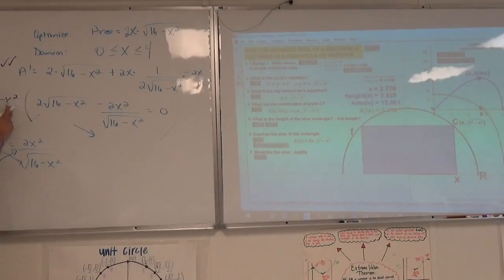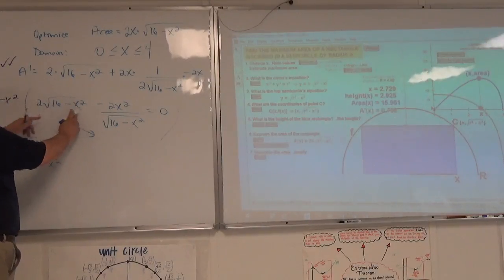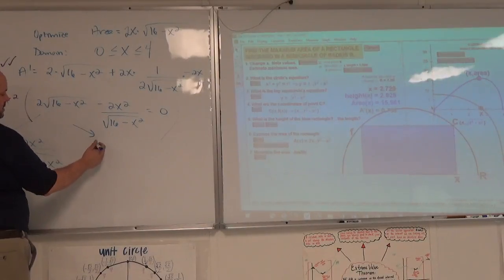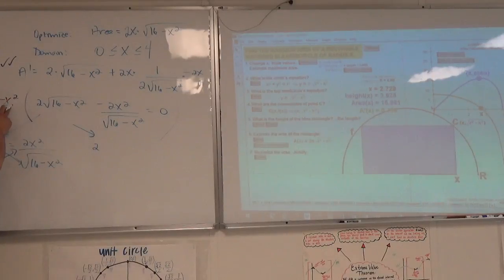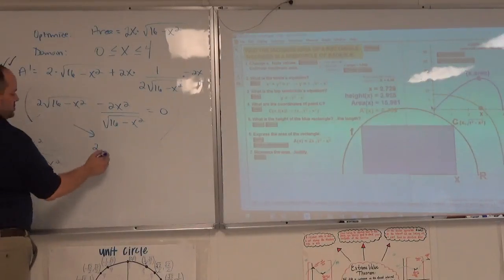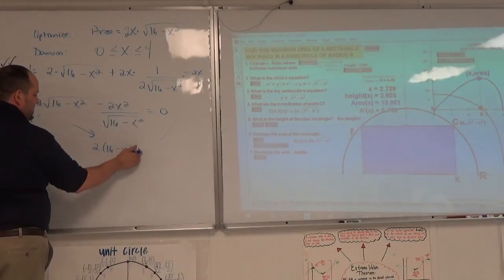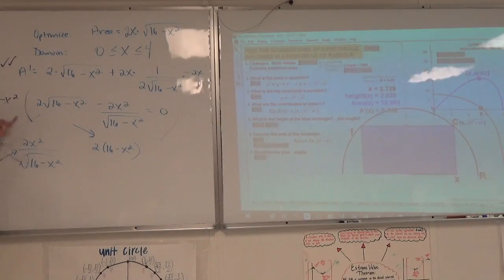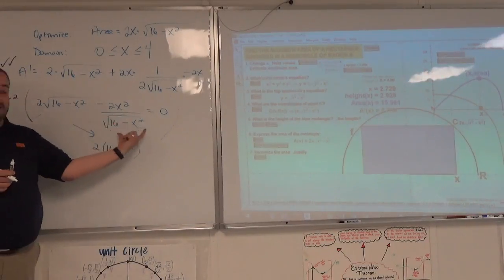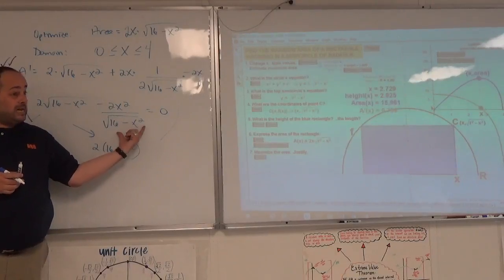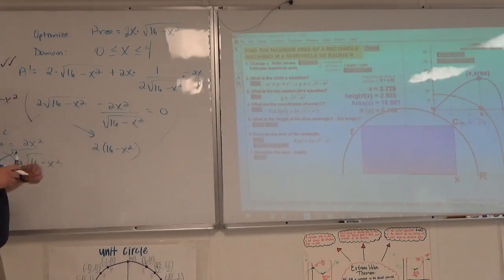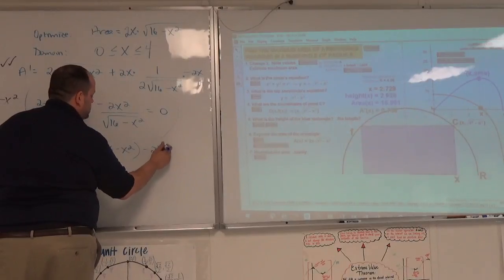Square root of 16 minus x squared times 2 square roots of 16 minus x squared: square root of stuff times 2 square roots of stuff is 2 times 16 minus x squared. Square root of 16 minus x squared times this fraction over here is just negative 2x squared.